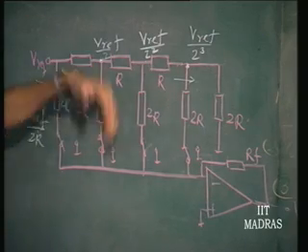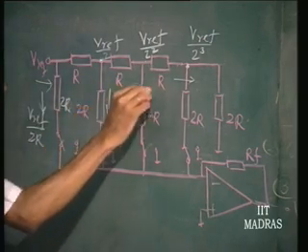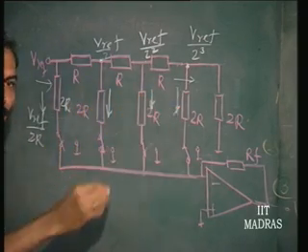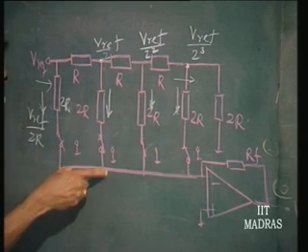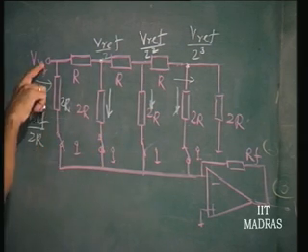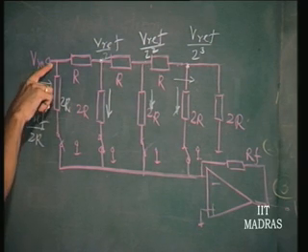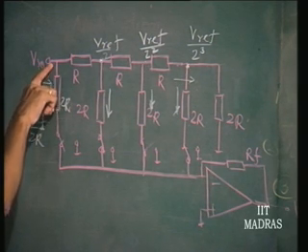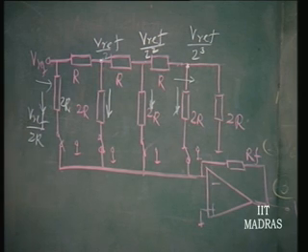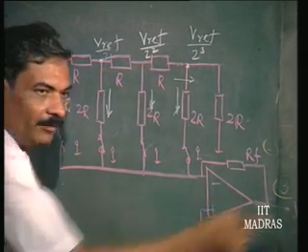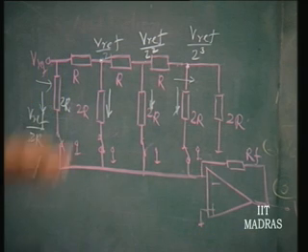So, using these currents, by the same process of switching either to the virtual ground or to the ground, this V reference always takes the same current, and the weighted resistor currents remain undisturbed, either they go into the ground or go into the virtual ground. You can get the same output that we have got from the weighted resistor scheme.